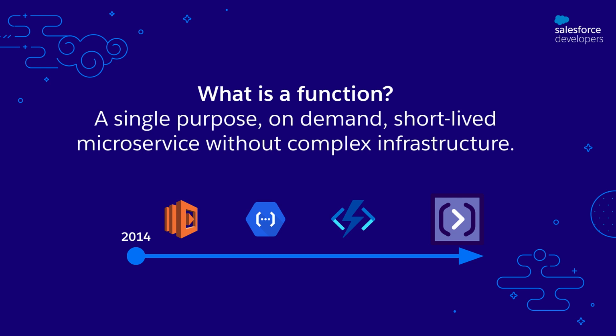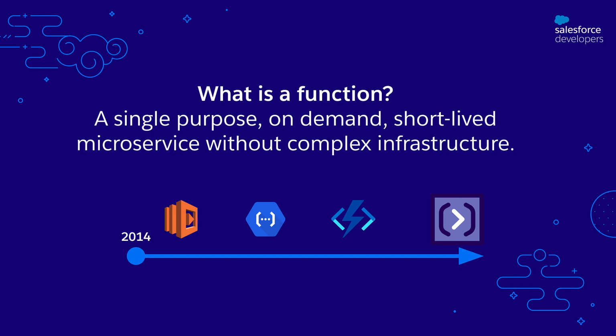A function is a single purpose, on-demand, short-lived microservice without complex infrastructure. So let's untangle this definition a little bit more. Normally when we write a function, this means we are going to leverage computing capabilities that are external to Salesforce core to solve a specific problem or a specific operation.